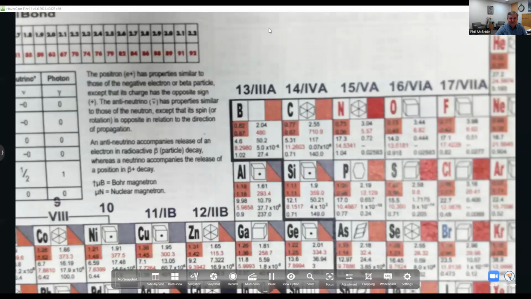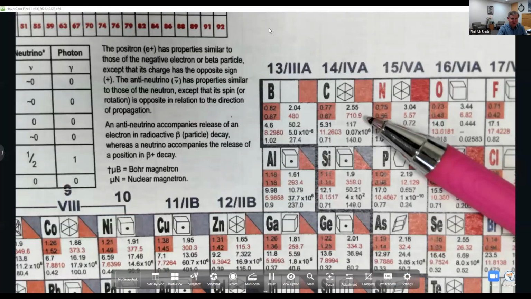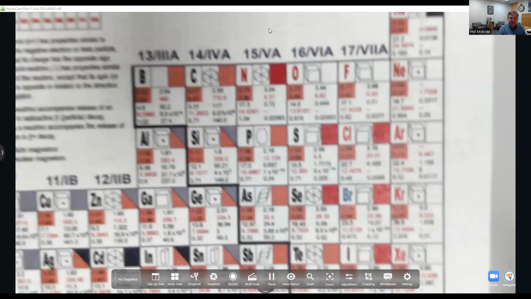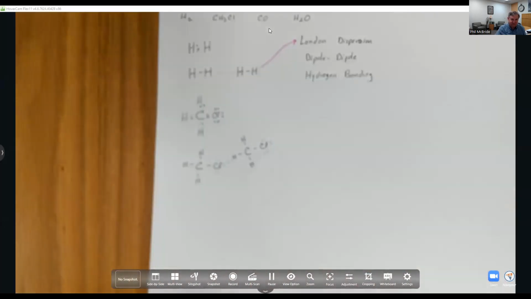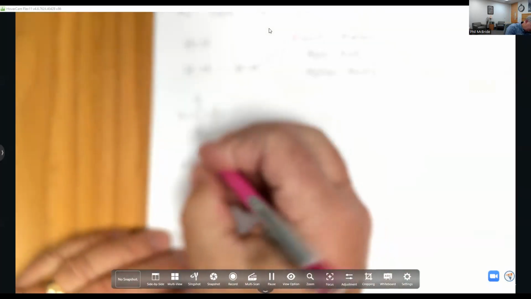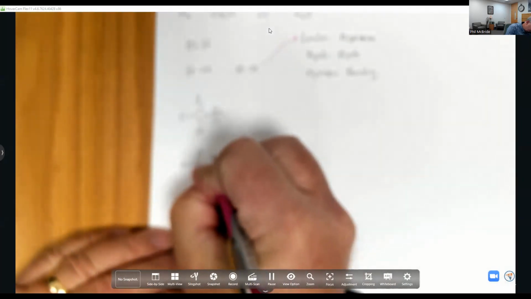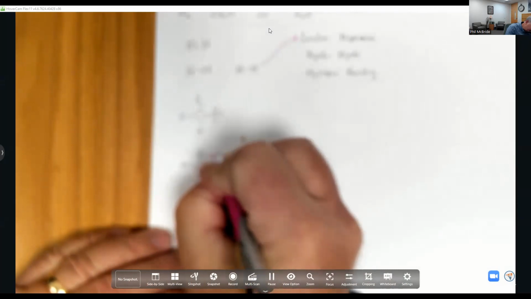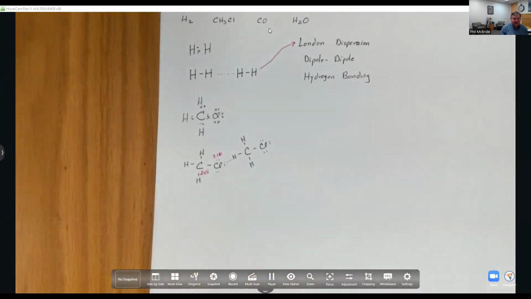So carbon's electronegativity is on this chart 2.55. Chlorine's electronegativity is 3.16. So 2.55, 3.16 for chlorine. So is the electronegativity difference between carbon and chlorine greater than 0.35?